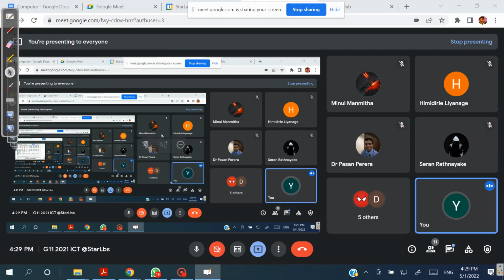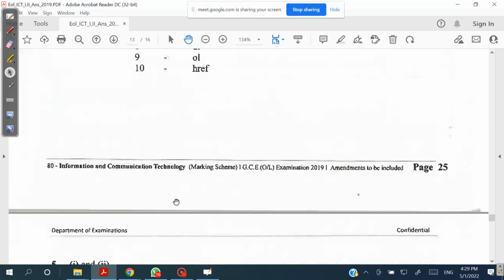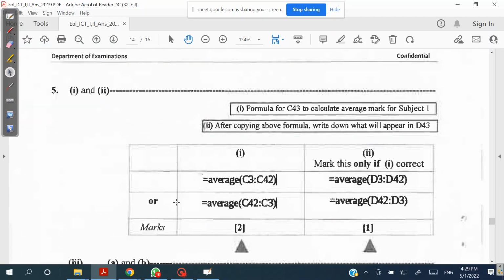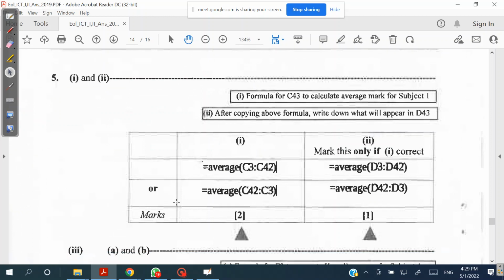Let's cross check with the marking scheme as well. Yeah, equal average C3 colon C42, right? So that's the answer for the first one, right? So this is the first answer, and from here they show the second part's answers, right?